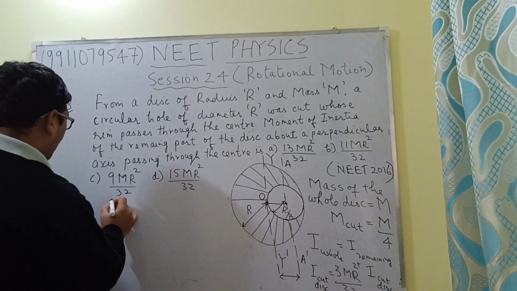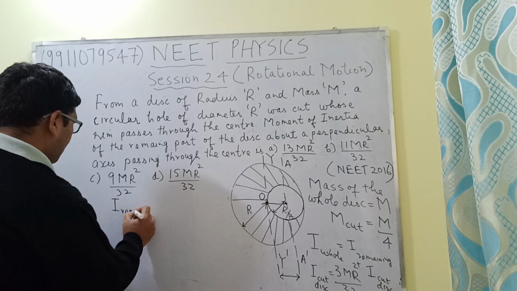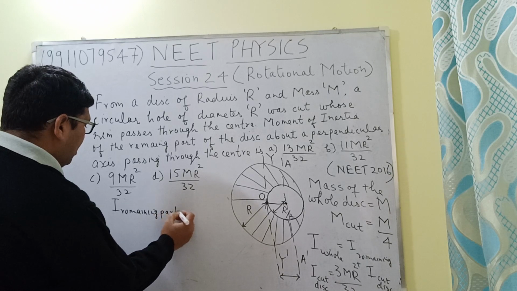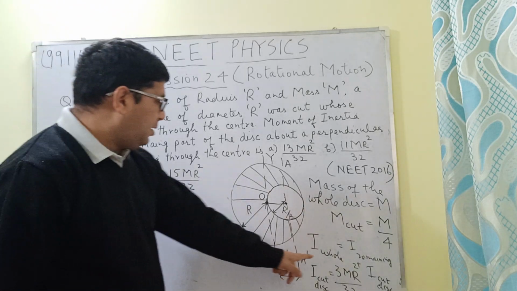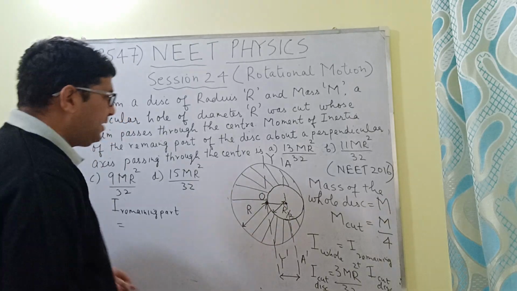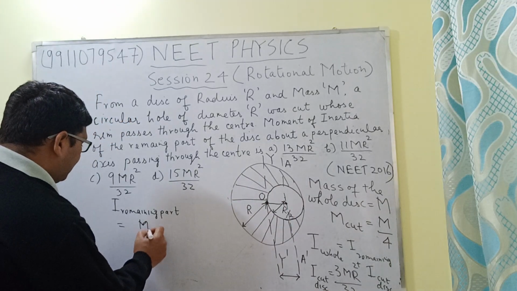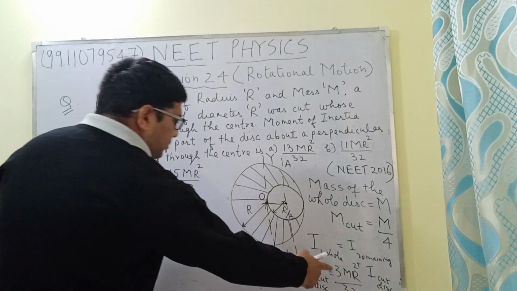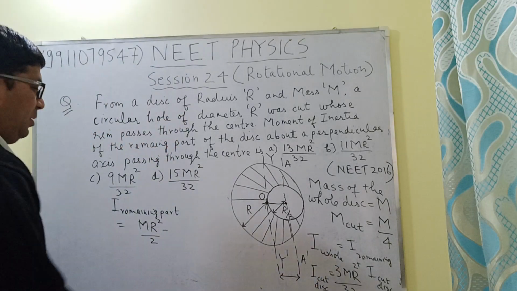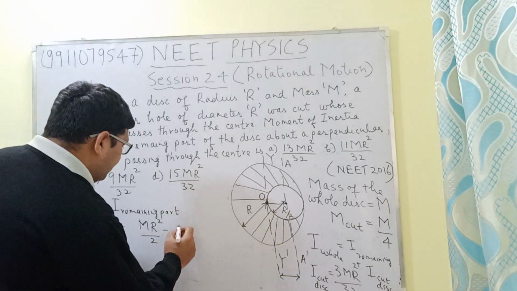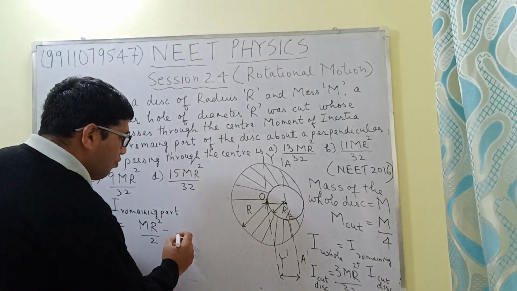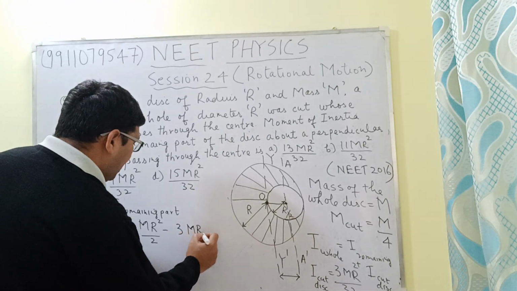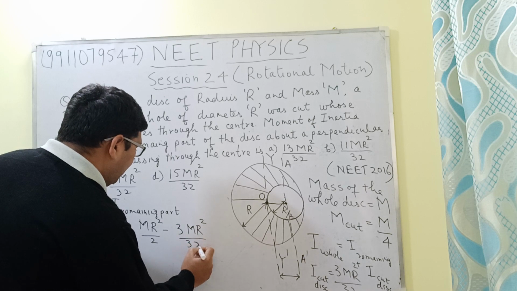So the moment of inertia of the remaining part will be equal to the moment of inertia of the entire disc, which was mr square divided by 2, minus the moment of inertia of this cut disc, which is 3 mr square divided by 32.